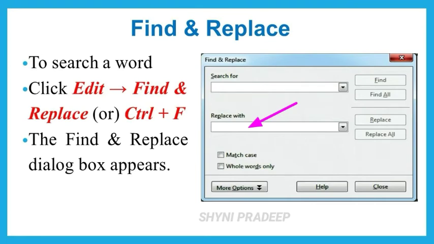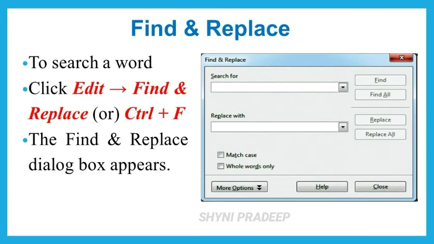That is a replacement word. Okay. After that, click find button. Now your found word is highlighted, which means Bombay is highlighted. And then if you want to replace that text with the Mumbai, click replace button. The highlighted word is replaced with the word given in the replace with text box, which means Mumbai.